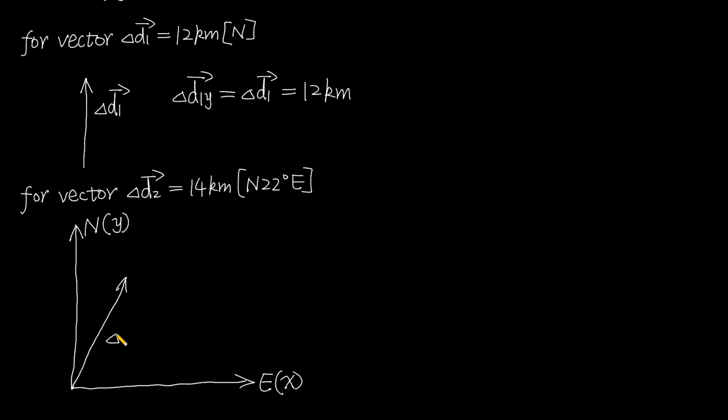This is vector delta d2. This is vector delta d2y. And this is vector delta d2x. This angle is 22 degrees.